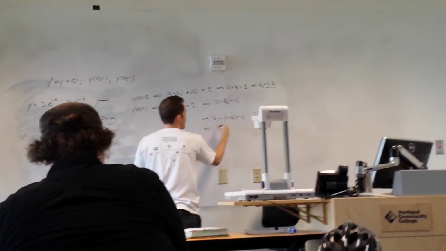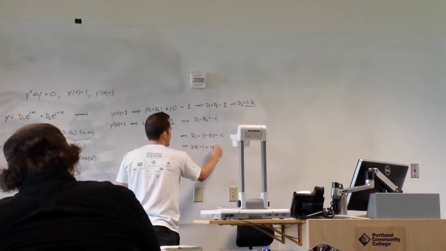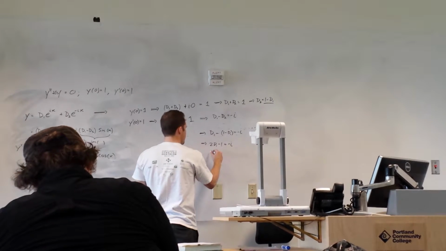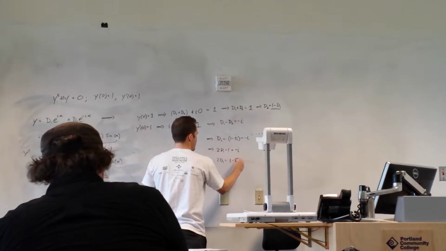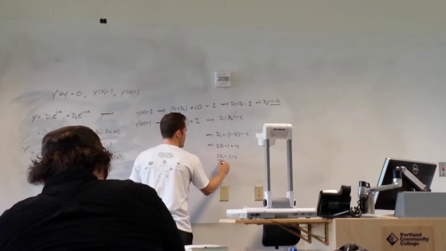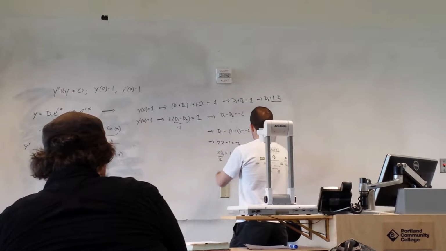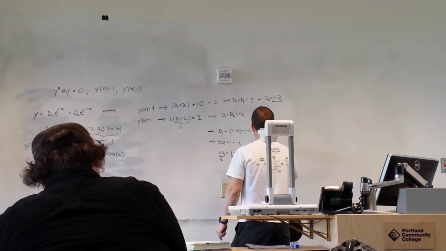I get 2d1 minus 1 equals negative i. Okay. Add 1 to both sides. 1 minus i. So what does d1 equal? Divide by 2. 1/2 minus i over 2.